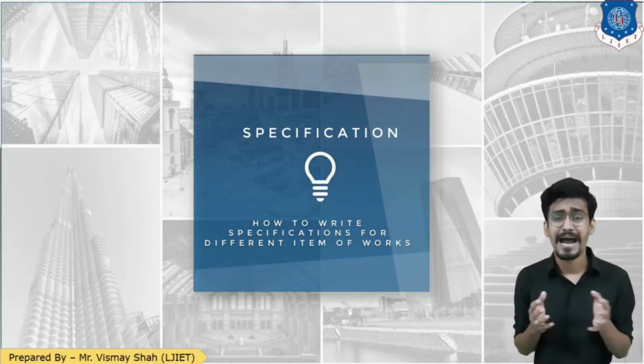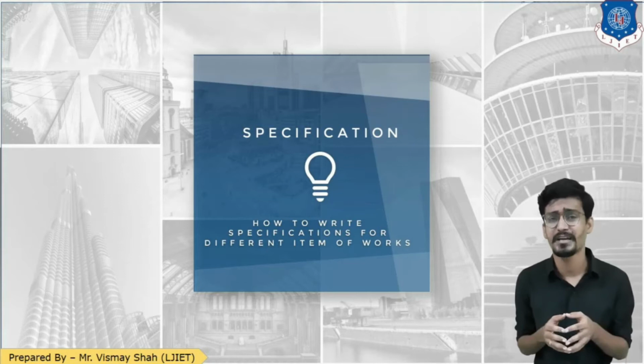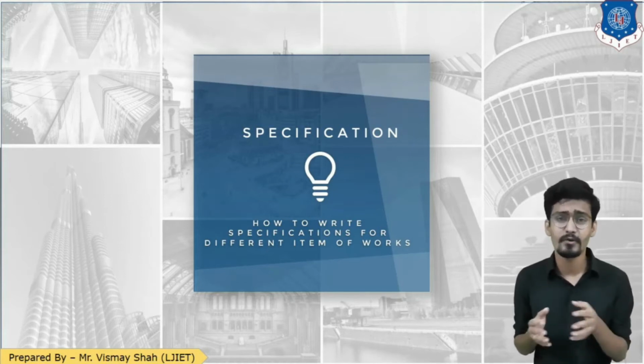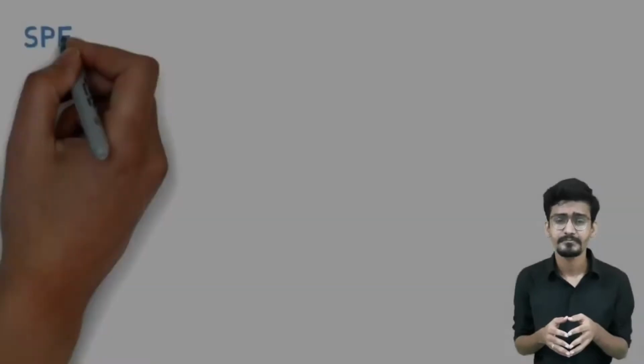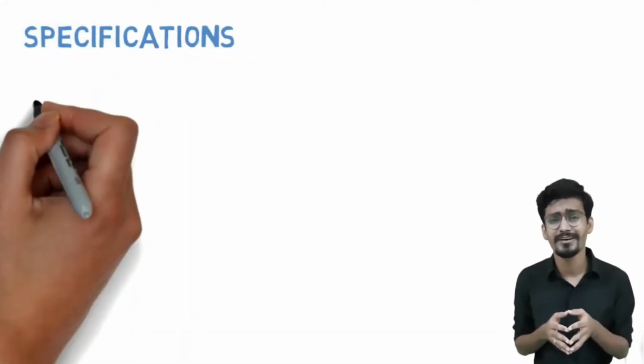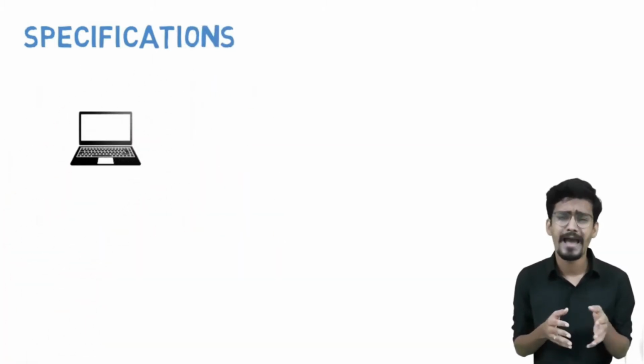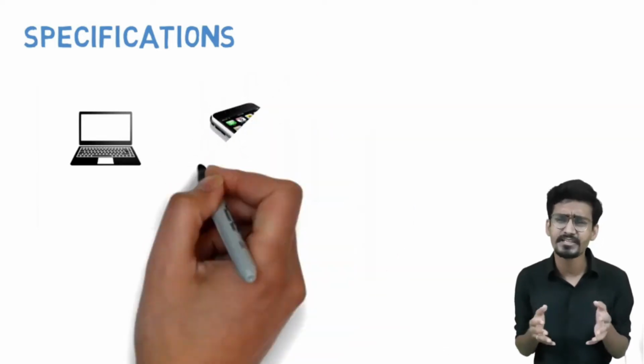Starting with the specification, before we get into it, let me give you a scenario other than the construction industry. Students, have you ever bought a laptop, a mobile, a TV, or any gadget?